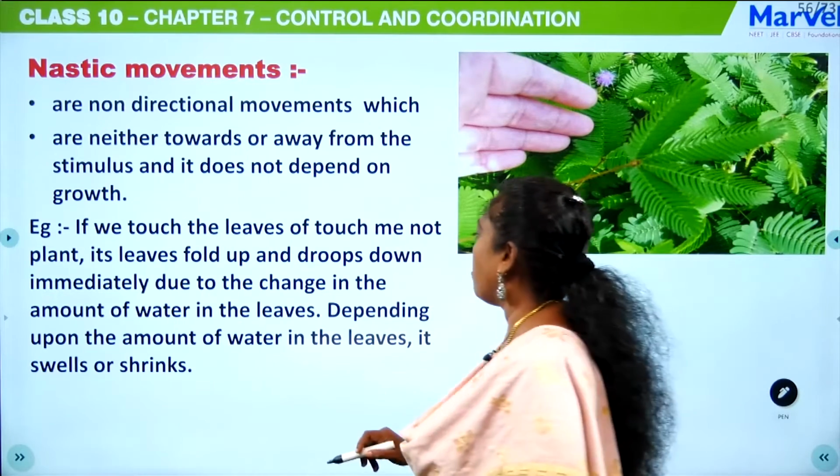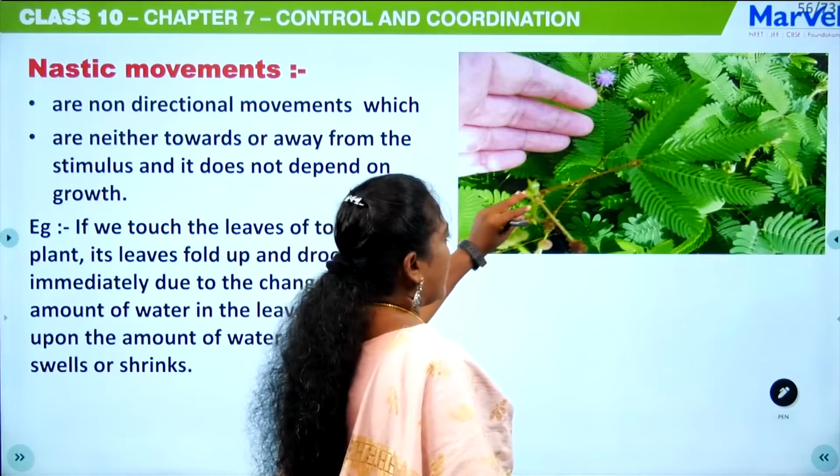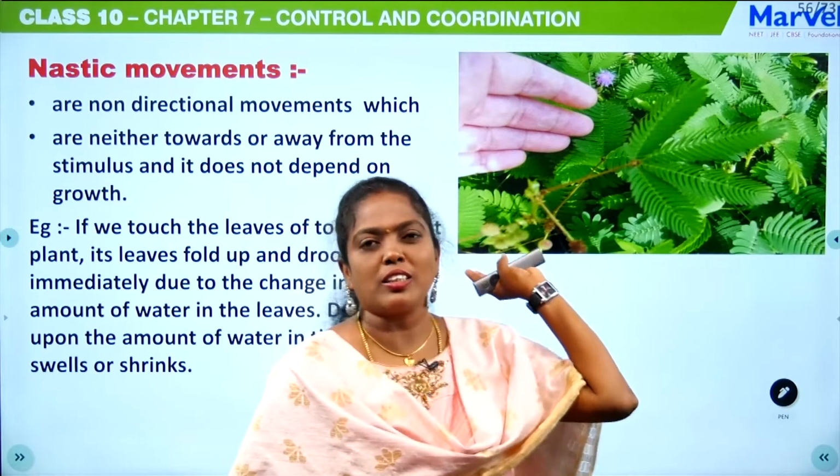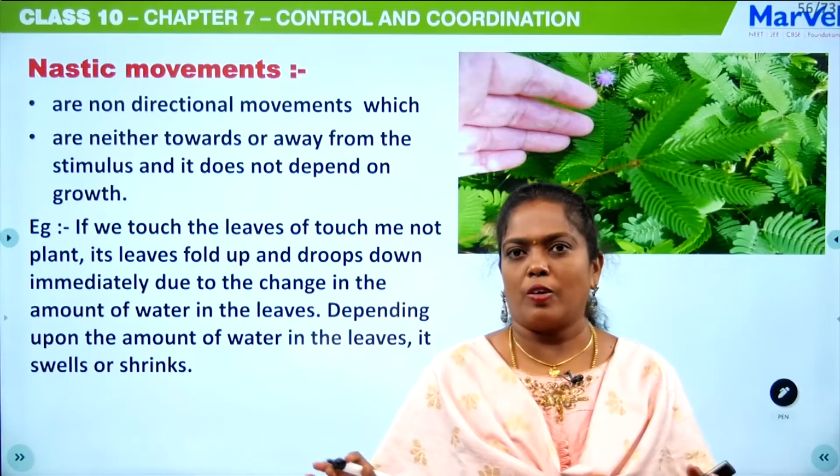This depends upon the amount of water in the leaves. It swells or shrinks. That is nastic movement. Okay, students.